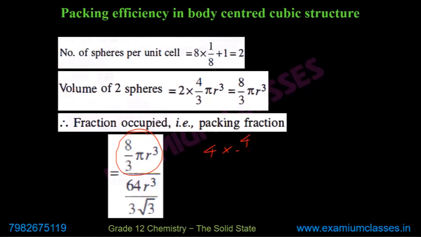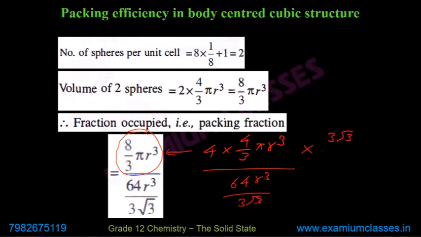So it is 2 into 4 by 3 pi r cube, which gives 8 by 3 pi r cube, divided by a cube, and a is 4R by root 3 whole cube, means 4 cube 64 and root 3 cube 3 root 3, 64 r cube by 3 root 3. When you take the multiplication, it will be 3 root 3 upon 64 r cube.